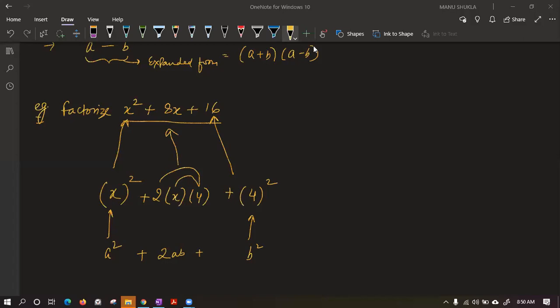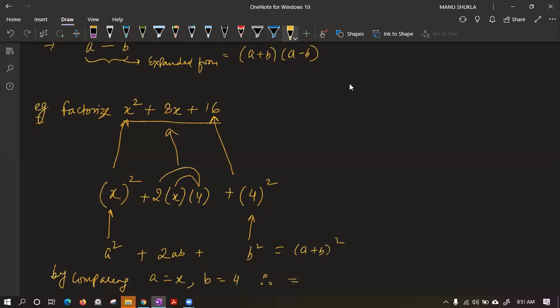So we can say this formula is useful for us, and we can write the answer directly now. By comparing, a is equal to x, b is equal to 4. Therefore, the answer here is a plus b whole square.